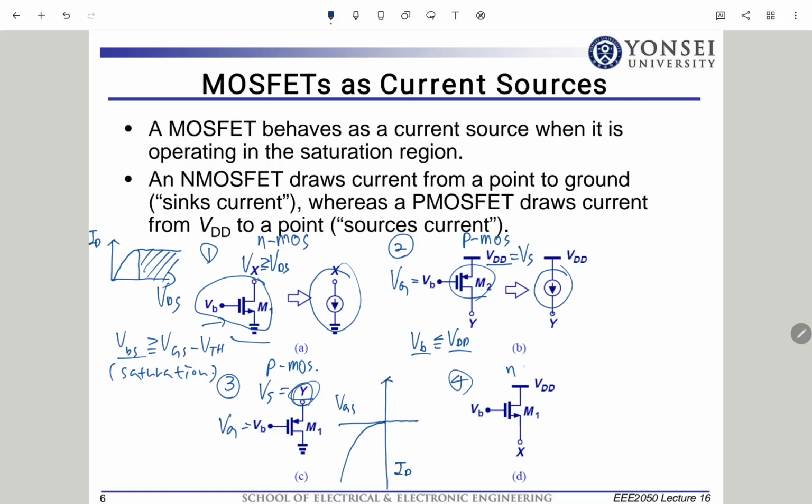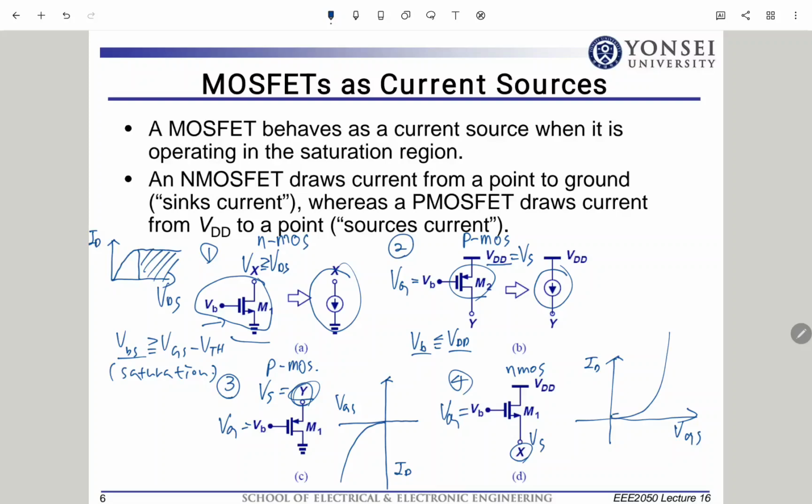Here is an NMOS. Again, the source side is varying. It's not defined. The VX is not defined. Therefore, the plot of ID versus VGS shows something like this.